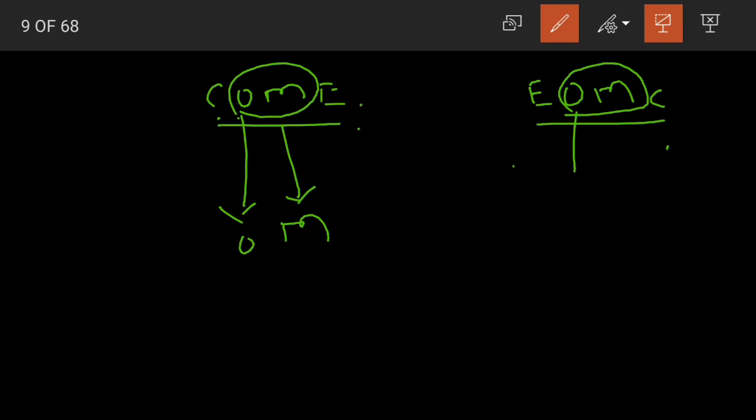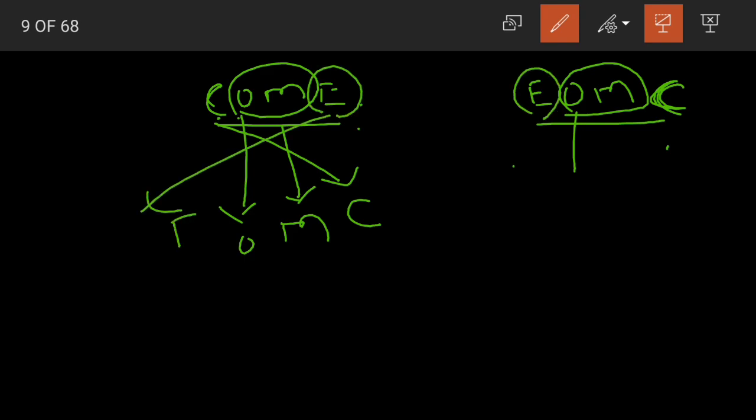But if you look at C and E, here C was in first place but here C came last. And here E was in last place but E came first. What is the relationship, children, between come and EOMC?